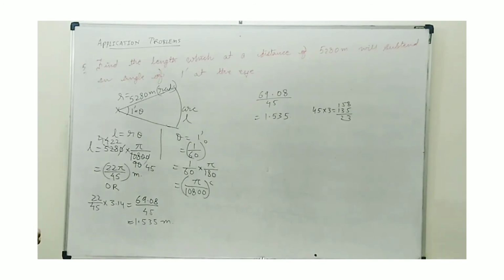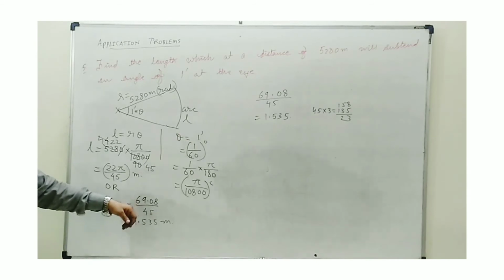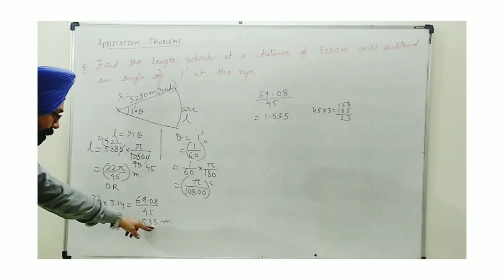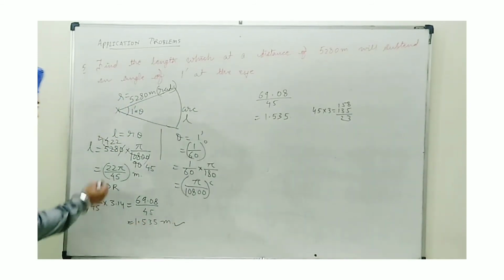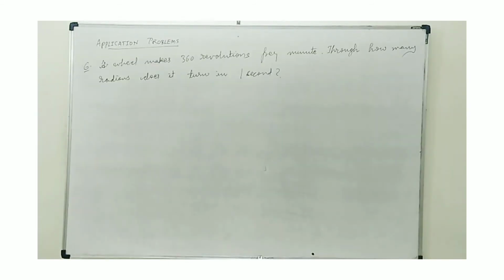After cancellation, in the form of pi you will get 22 pi by 45, or when you put the value of pi as 3.14, after solving completely, we have 1.535 meter. So this is the final answer, and if not mentioned you can put this also.